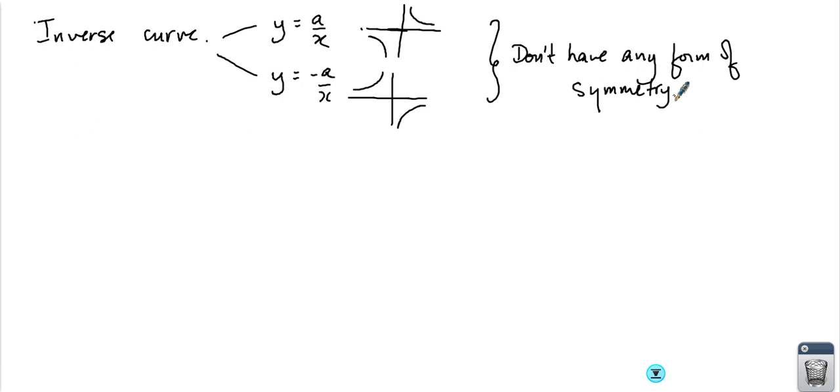Now, sometimes you could be asked to answer questions on sketches, not on plots. Now, how do you sketch a curve? Sketching a quadratic curve. To sketch a curve, you need to follow the following steps.